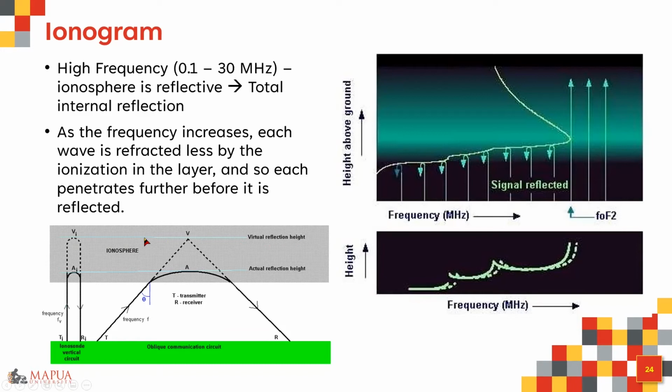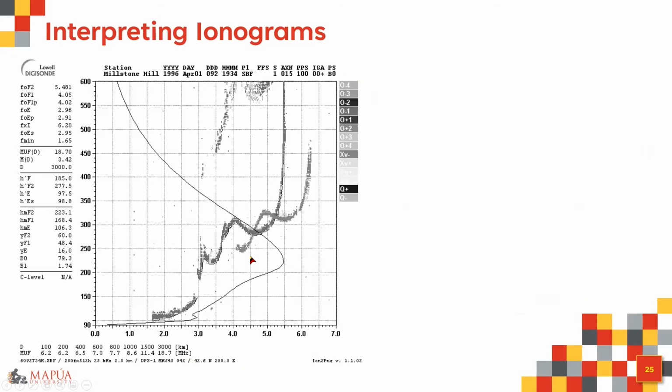We call this the virtual reflection height, or simply the virtual height. But in reality, the propagation direction is actually curved like this, so the actual reflection height is lower than the virtual height. What the ionogram provides us is the virtual height, and then using complicated conversion techniques, the virtual height is converted to actual height.